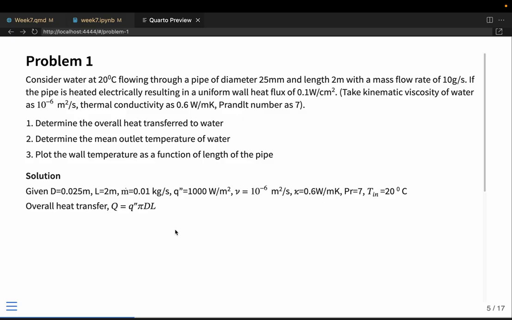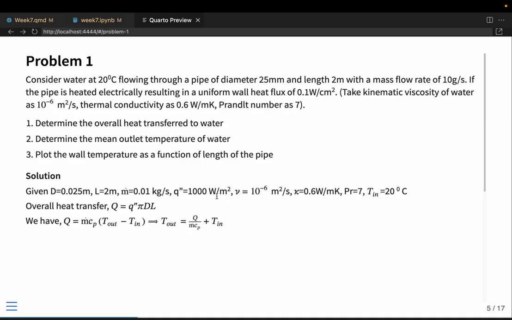Once you have the total heat transfer, how do you calculate the outlet temperature? You can directly use energy balance. You can write Q equal to m dot Cp T out minus T in, and from that you can directly compute the actual outlet temperature, which is inlet temperature plus Q by m dot Cp. Q is the value that you already obtained from the previous step. M dot and Cp are already provided. Cp of water is not given here, but you know the value of Cp.